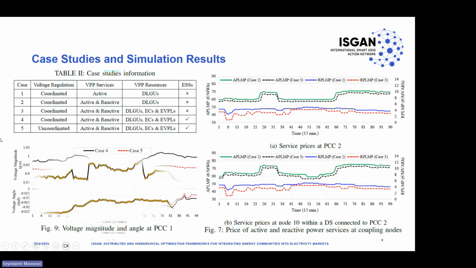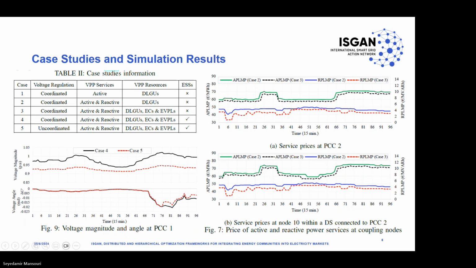And here we have the result of coordinated and uncoordinated voltage regulation. So if we consider voltage magnitude and angle as coupling variables between the transmission system operator and distribution system operators, we can achieve more realistic results, as you can see here.